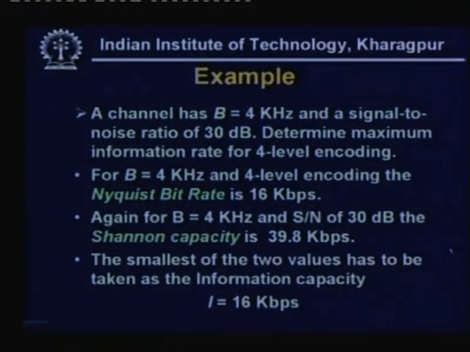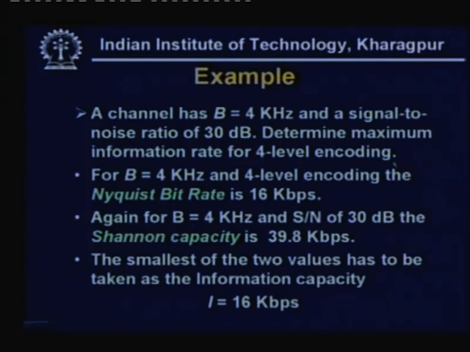Now let us consider a situation where we have a channel with a bandwidth of 4 kilohertz and a signal to noise ratio of 30 dB. We have to determine the maximum information rate for 4 level encoding. So here the value of M is 4.